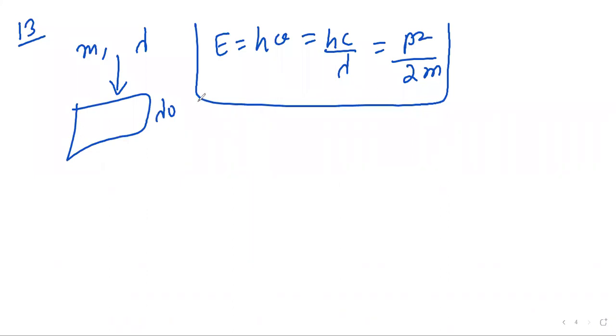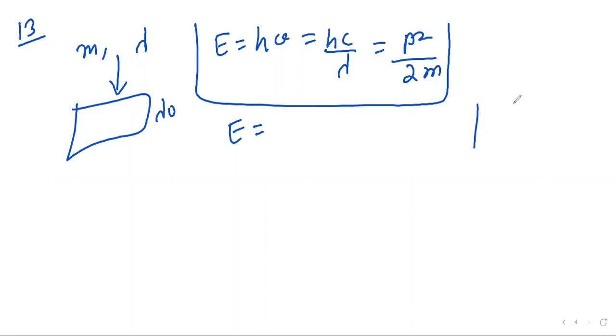Understood? Up to here, did you understand? So energy will be equal to p square upon 2m.